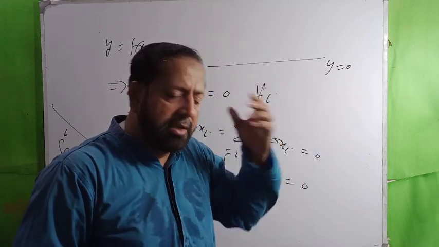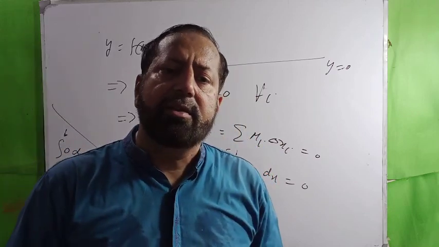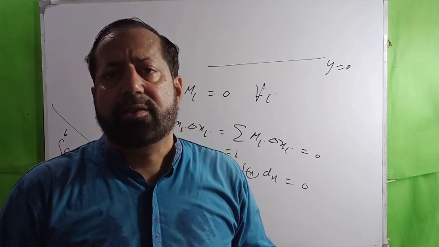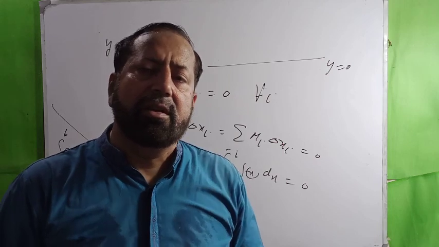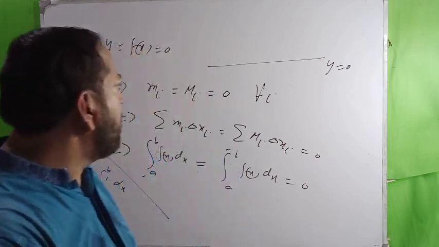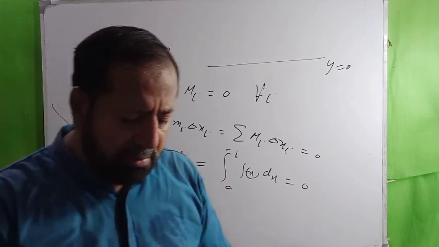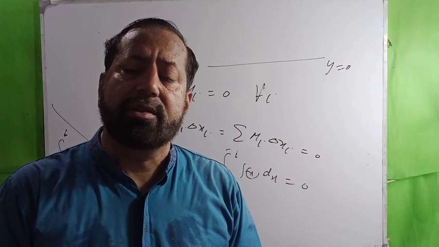So you can have a theorem as well: f(x) is equal to 0 if and only if its lower integral and upper integral are both 0, and conversely, if the upper and lower integrals are both 0, then you have only one choice, that the function is 0.